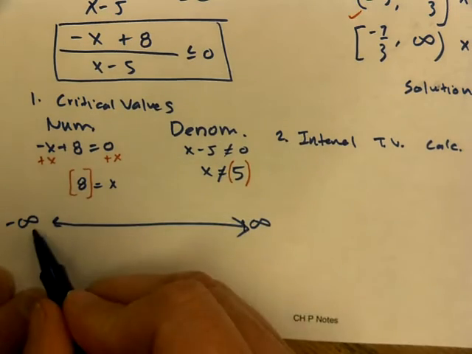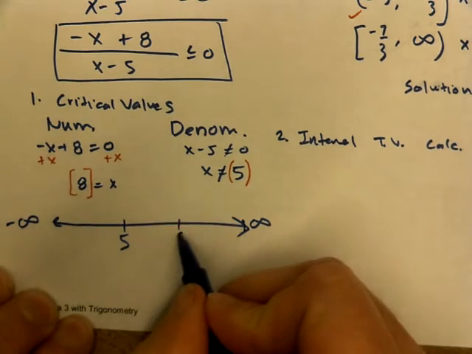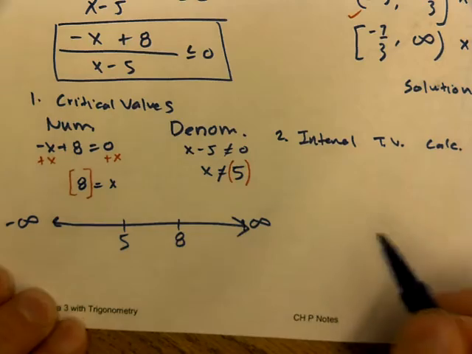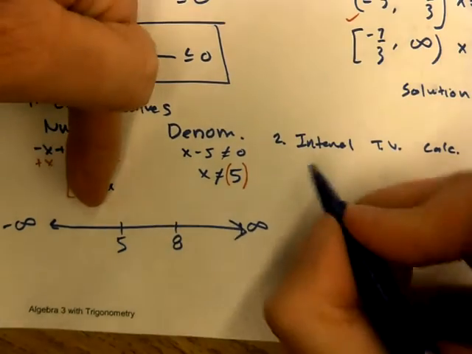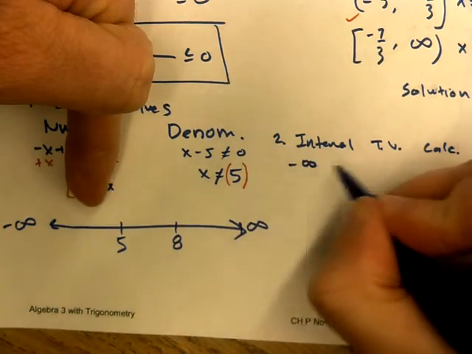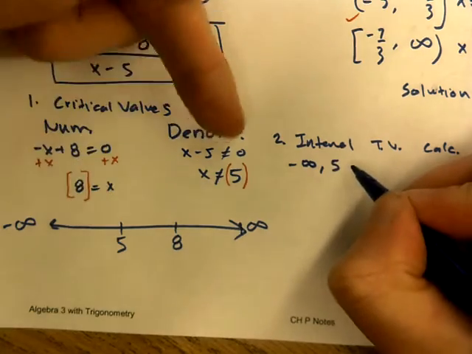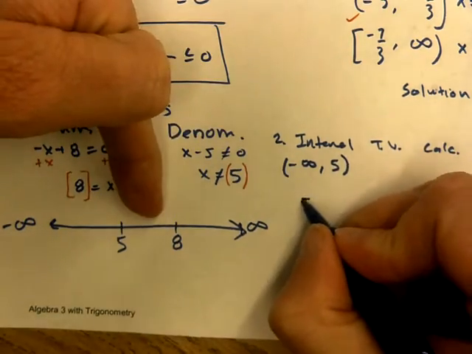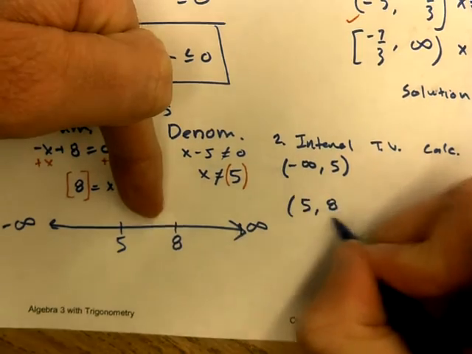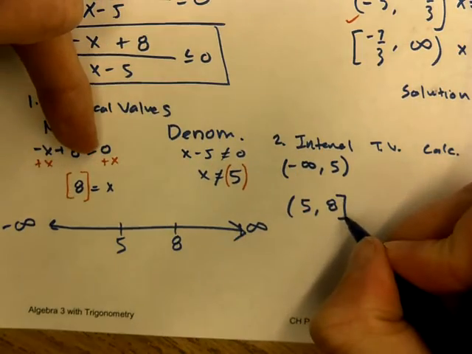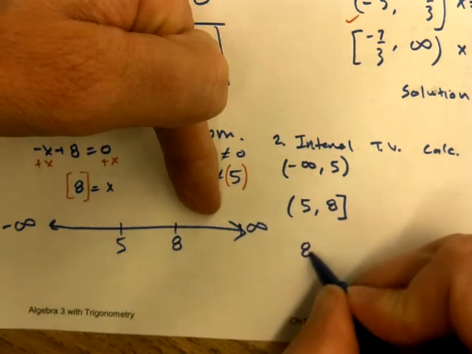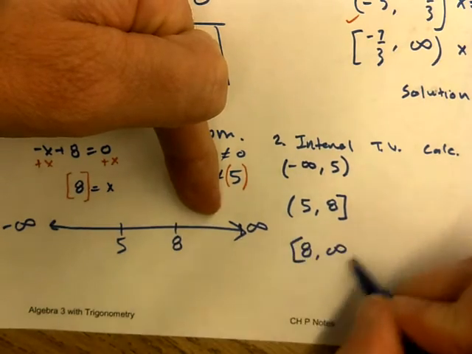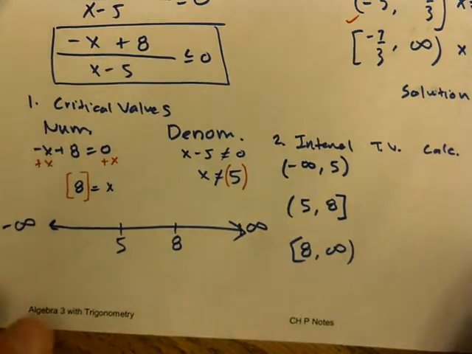So, from negative infinity, we then come to 5, then to 8, and to positive infinity. So my first interval is going to be from negative infinity up to 5, with 5 as the rounded bracket. Then we have the interval from 5 to 8, where 8 has the square bracket. And the third interval, 8 to infinity, again square bracket on the 8.